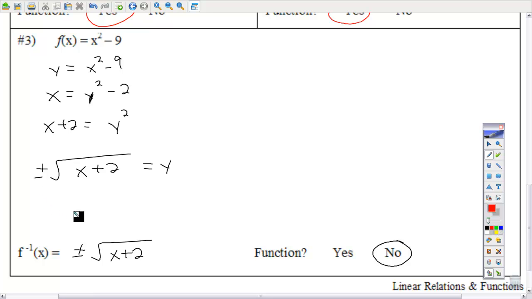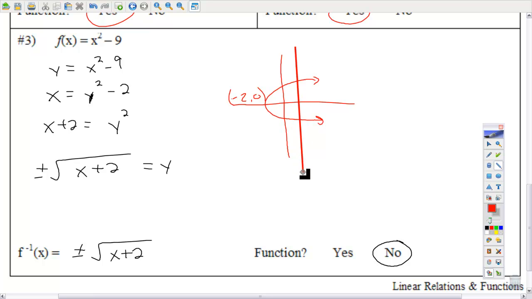If you get more than one answer, it's not a function. Also, which you're going to learn this later, this graph looks like this. Does not pass the vertical line test. A vertical line is going to hit this at more than one location. Therefore, it's not a function.